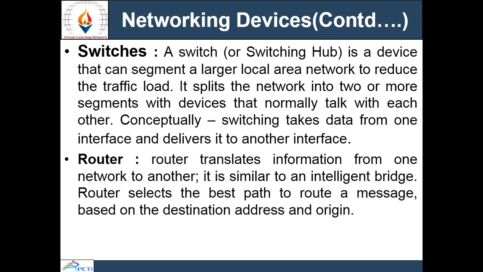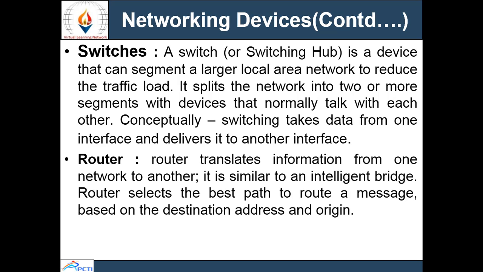The net result of using a switch over a hub is that most of the network traffic only goes where it needs to rather than to every port. On busy networks, this can make the network significantly faster. A switch is a device that can segment a larger local area network to reduce the traffic load.